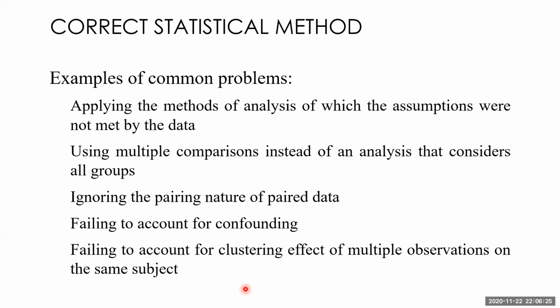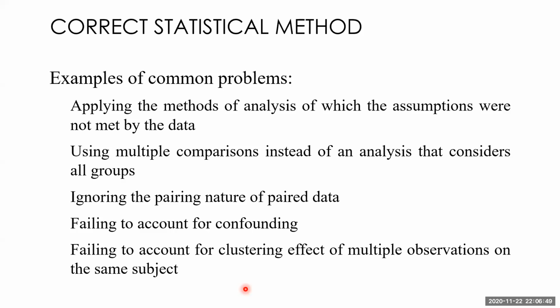Another problem is ignoring the pairing nature of paired data. Some data may be assessed or measured at two times, the same sample measured two times. This is called paired data, and we should not ignore this; we should use the appropriate test that accounts for this paired nature.